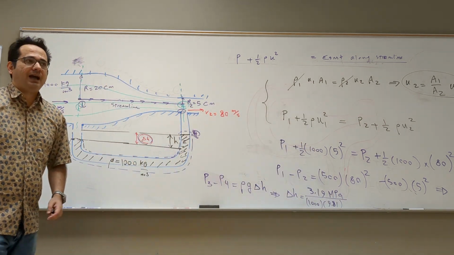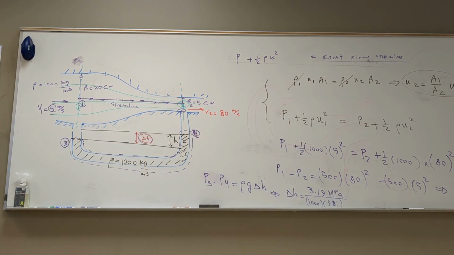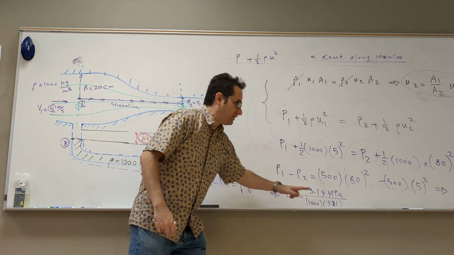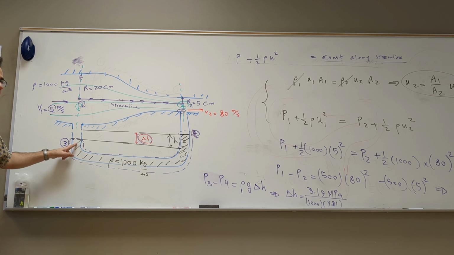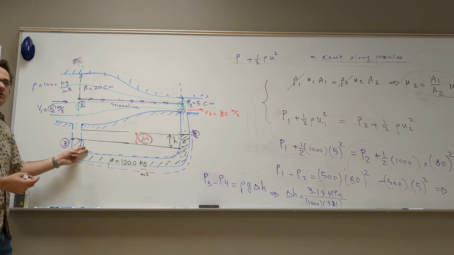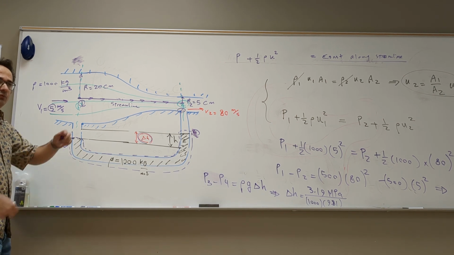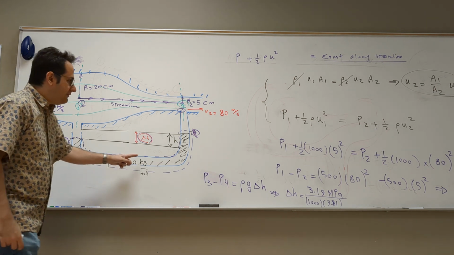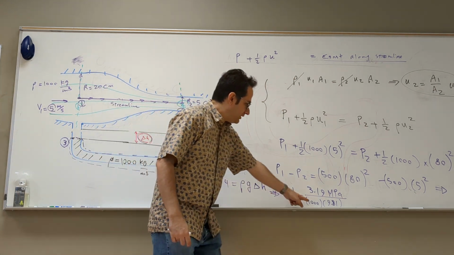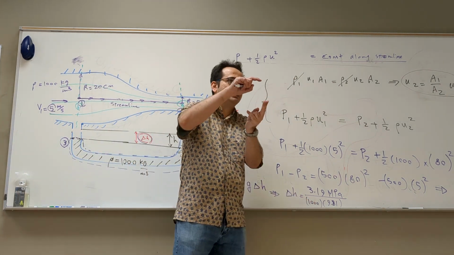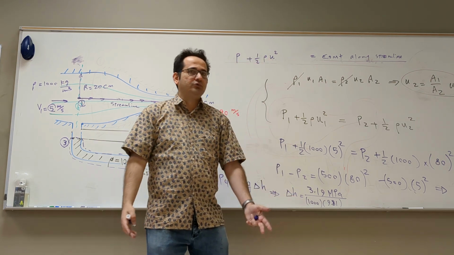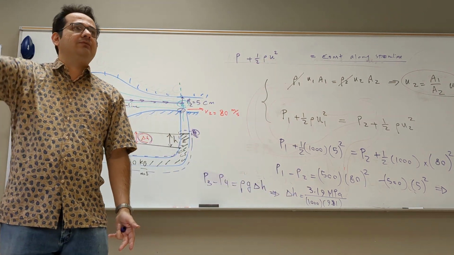Now you see that the advantage of fluid that are very heavy and dense is you increase the density of this fluid. If we use water, which is not a good choice, it just moves a lot. If you use a heavy fluid here, this density will increase, so the delta H will be smaller. So in the lab, I do not need to make a column of like 12 meters.